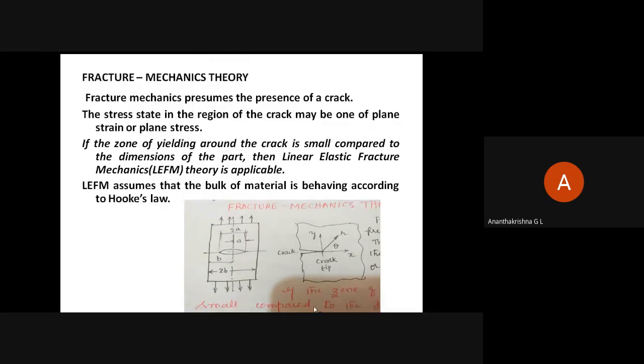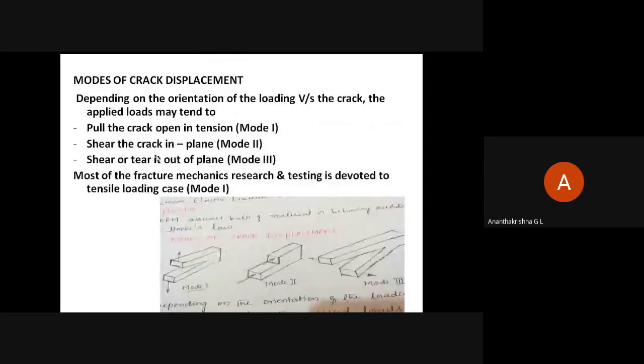Now, in continuation with that, let's learn about the different modes of crack displacement. It assumes that there is a crack already present in the component. What are the different modes of crack displacement, or how a crack propagates or behaves, is what we are going to learn now.